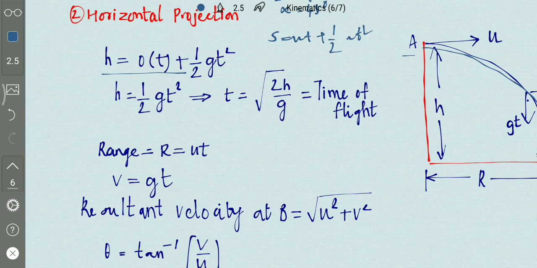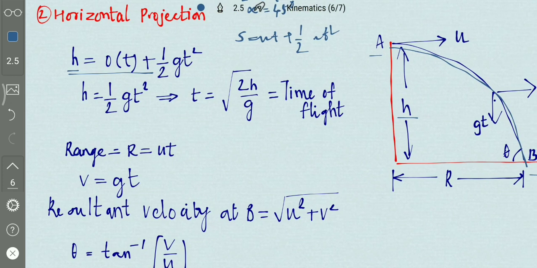If you consider the vertical motion, the height traveled by the body is h, and the initial velocity is in the horizontal direction. So no velocity is applied in the vertical direction. The body is moving downwards only with gravity.